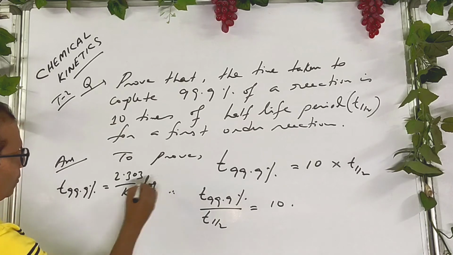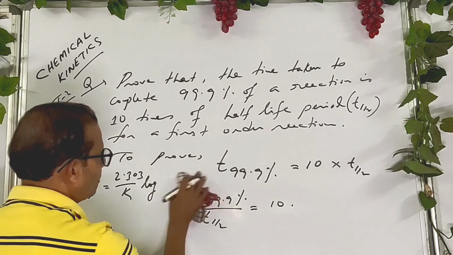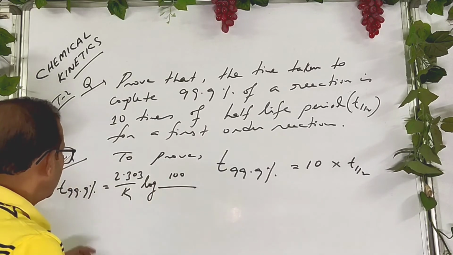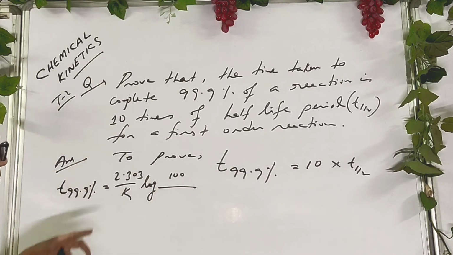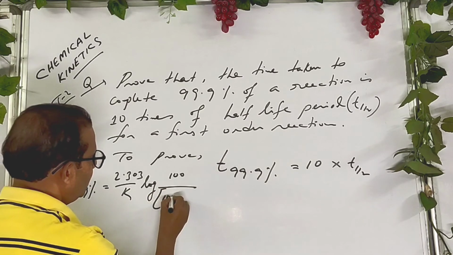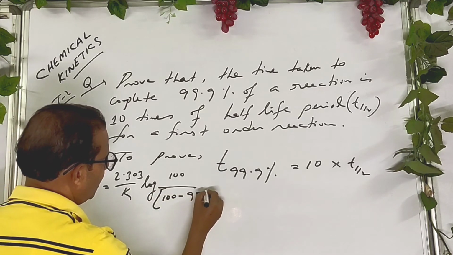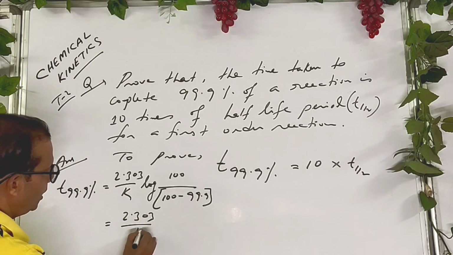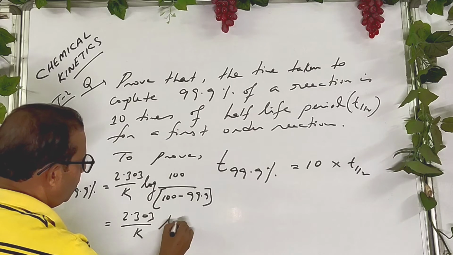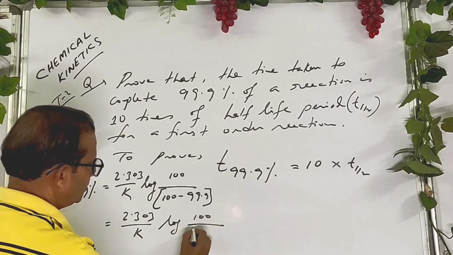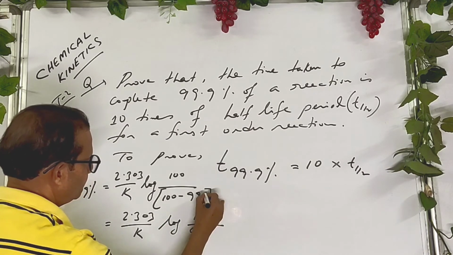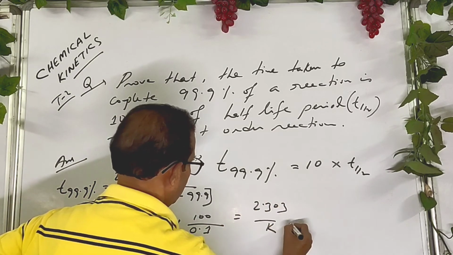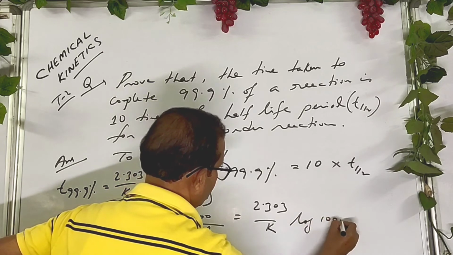I have already told you, when percentage is given, then consider the initial concentration of reactant as 100. 99.9% of the reaction is completed, so the remaining is 100 minus 99.9, equals 2.303 by K log of 100 by 0.1, equals 2.303 by K log 1000.